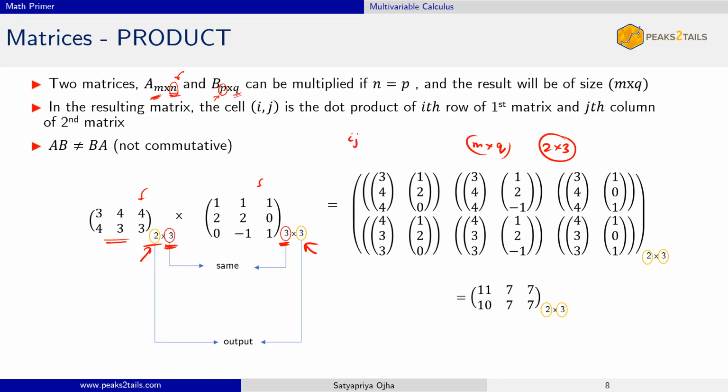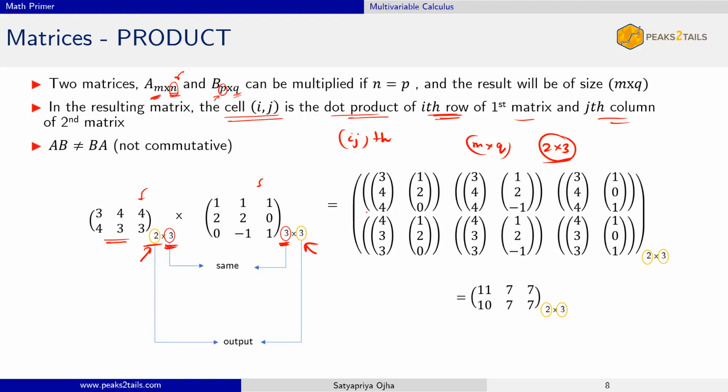The ij-th entry in the final matrix is the dot product of the ith row of the first matrix and the jth column of the second matrix. That's how you can remember it. So I have to fill up 6 cells, correct? It's a 2 by 3 matrix.